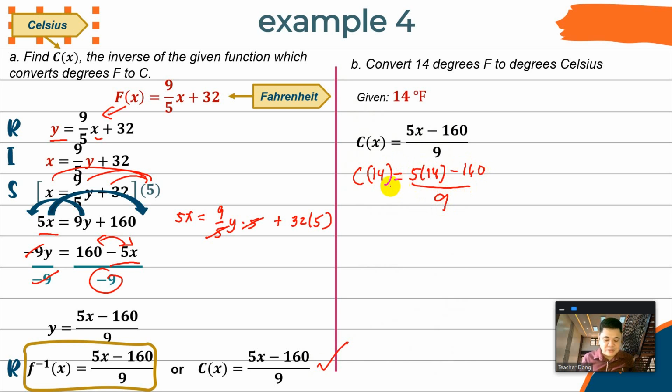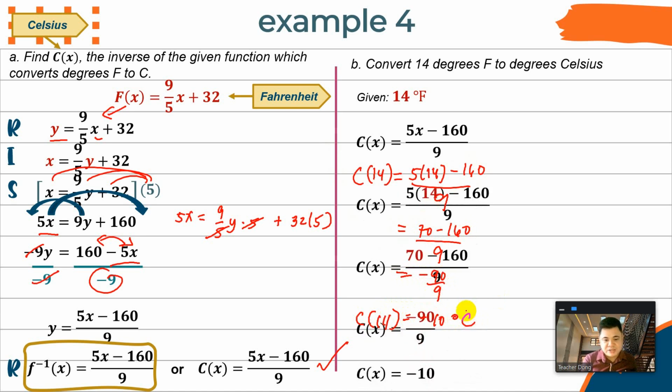To simplify, 5 times 14 gives you 70, minus 160, over 9. And then 70 minus 160 is negative 90 over 9. So your final answer, C of 14, is equal to negative 10 degrees Celsius.